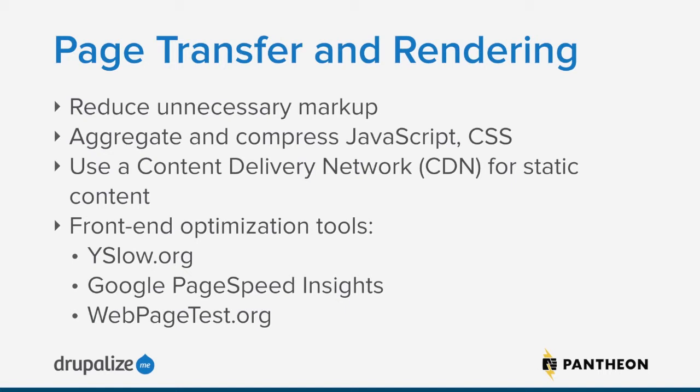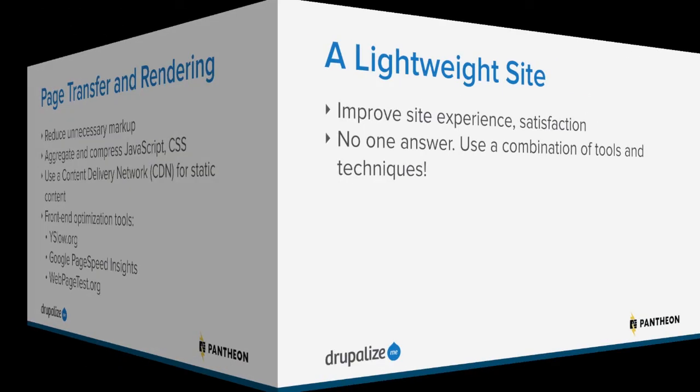There are a couple of tools listed here, and there are many that are out there. Here's just a sampling of some tools that will help you find where something's getting to the browser, where do we have problems and where can things be optimized. So there's YSlow, Google PageSpeed Insights, and webpagetest.org. And you can get a kind of a checklist of things to fix essentially from those.